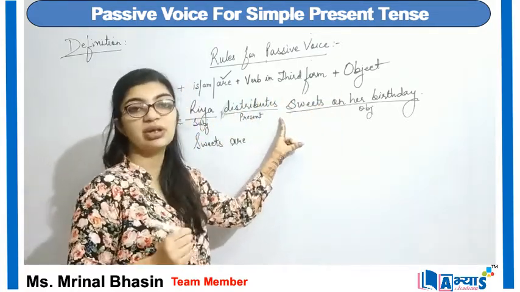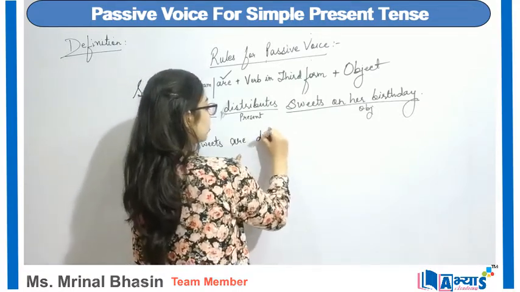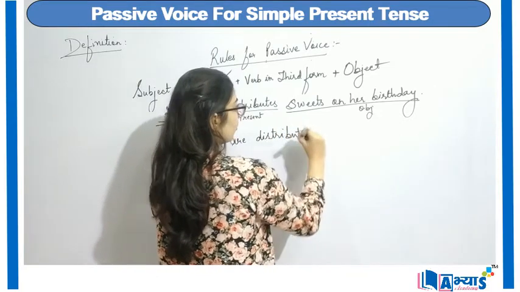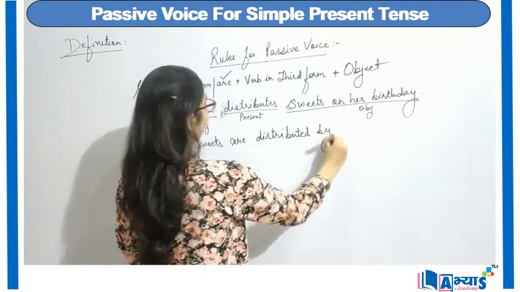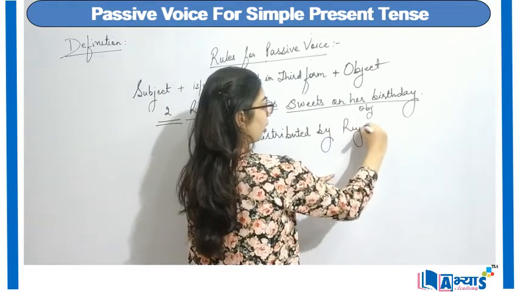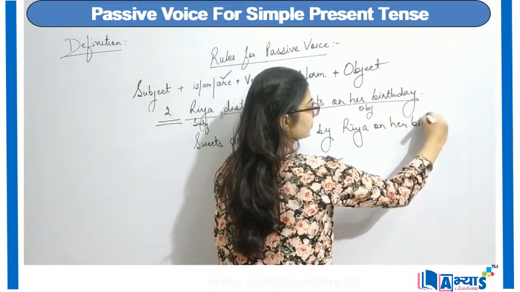Distributes gets converted to distributed. So sweets are distributed by Ria on her birthday.